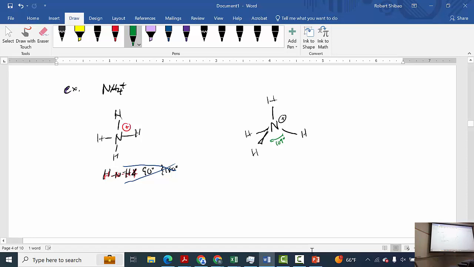What is the angle between these 4 groups? 109. All the angles are the same. And so it doesn't matter which 2 hydrogens you pick. They're all equivalent. Even though these look like opposite, they aren't 180, that's 109. 109, 109, 109. So it's spherically symmetric.